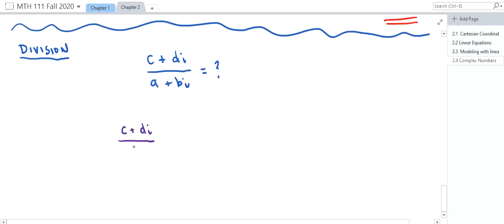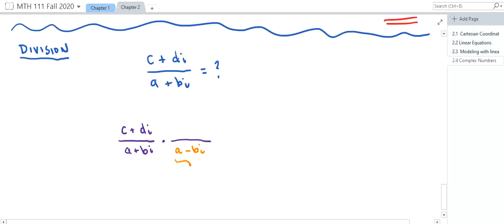Then it'll give us something we can actually make sense of. So if we start with this, we want to multiply this denominator by something that will result in a real number. We can do that with another complex number.